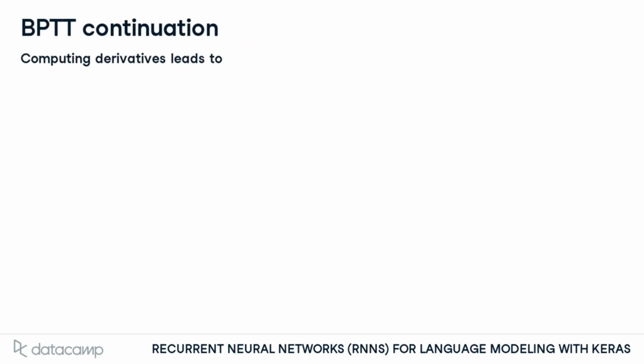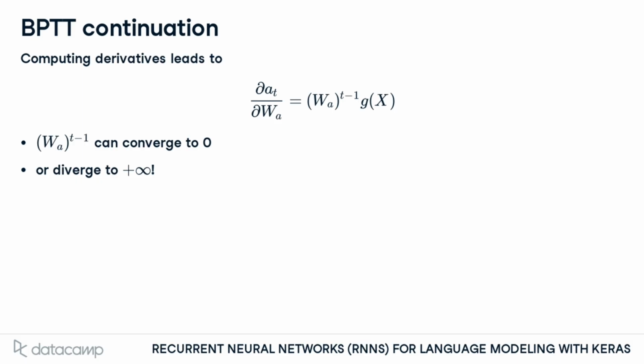Not going into too much detail on the math, when computing the gradients of the loss function with respect to the weight matrix, we obtain the matrix WA power t minus 1 multiplied by a term. Intuitively, if the values of the matrix are below 1, the series will converge to 0, and if its values are above 1, it will diverge to infinity.